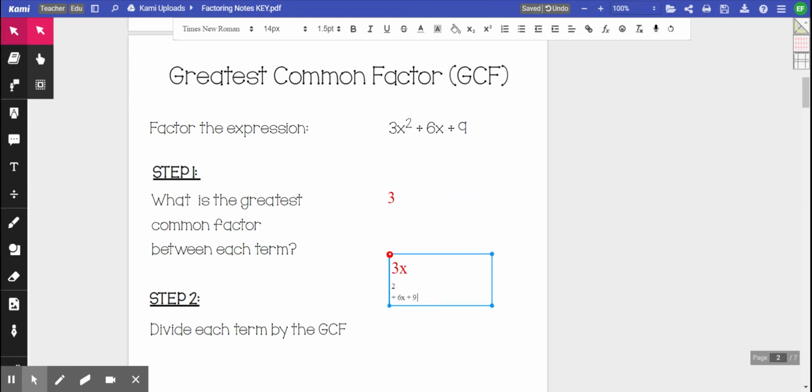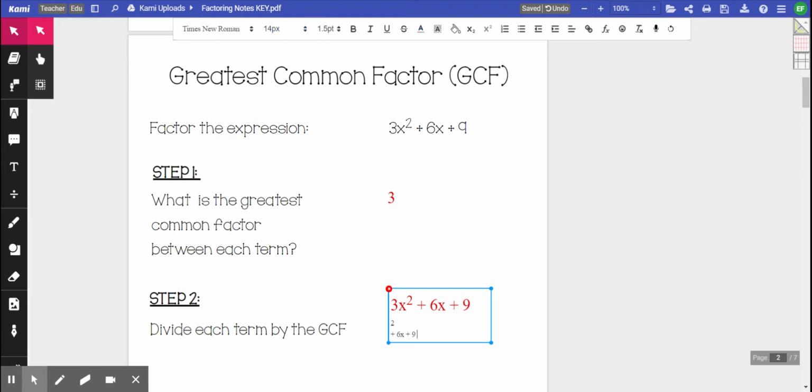So let's take a look. If we divide each one of those terms by 3, let's get all this up here. 3x squared plus 6x plus 9.